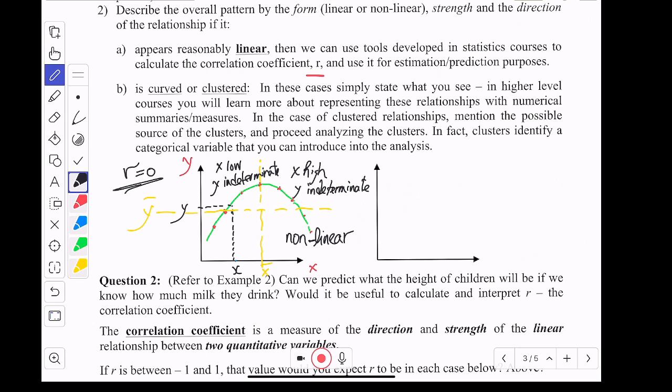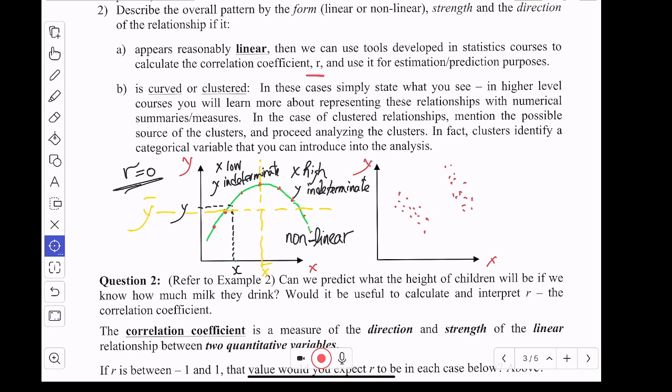Similarly, if we had some data, and let's say it looked like this. So there's my graph. We have to comment now. What is the overall form of the relationship, linear or non-linear?